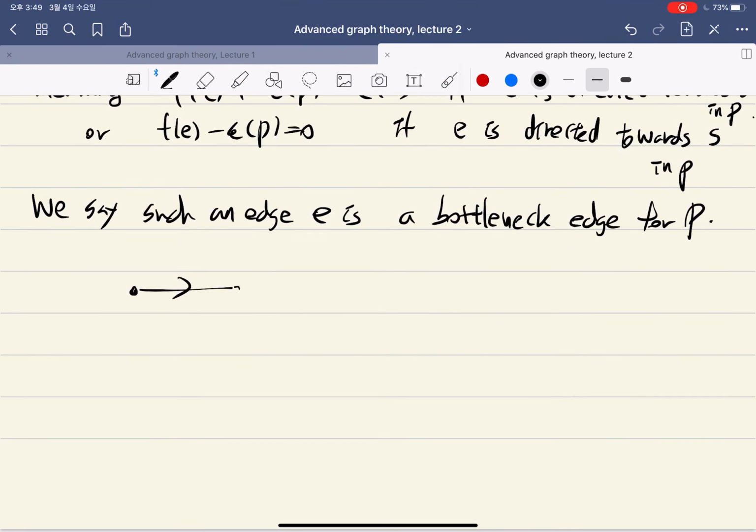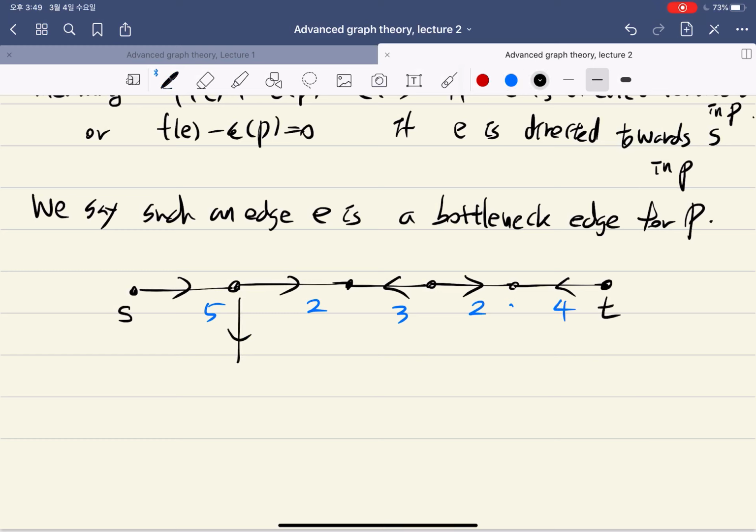So meaning that when we have this path, and its capacities are, say, 5, 2, 3, 3, 2, 4, and then the flow is like 2 going here, 1 going here, 2, 1, 2.